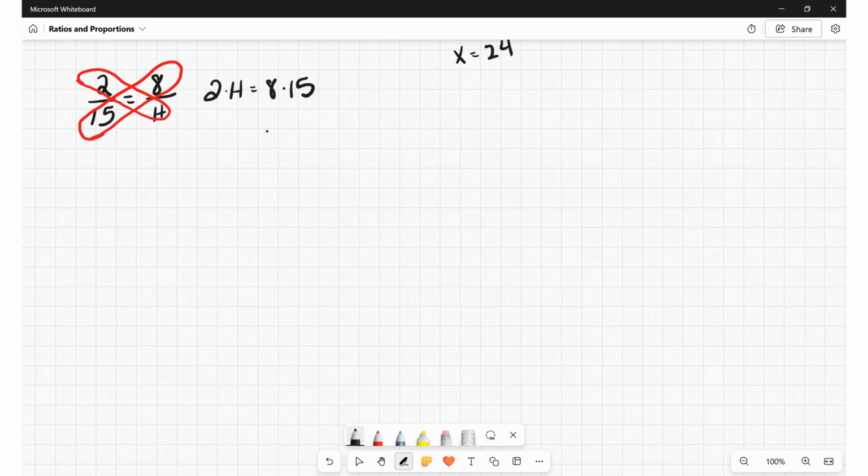I'll work this one out a little bit more in detail for everybody. So this tells us that 2h is equal to 120. Okay. And then we're going to divide both sides by 2. And we're going to say that H is equal to 60.